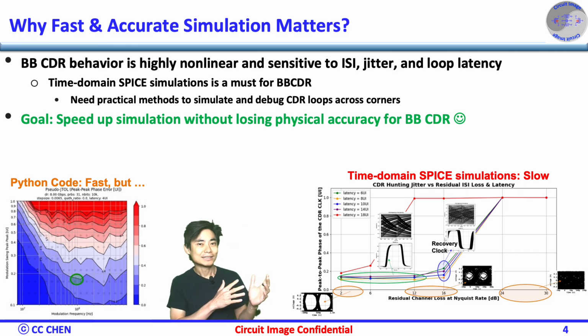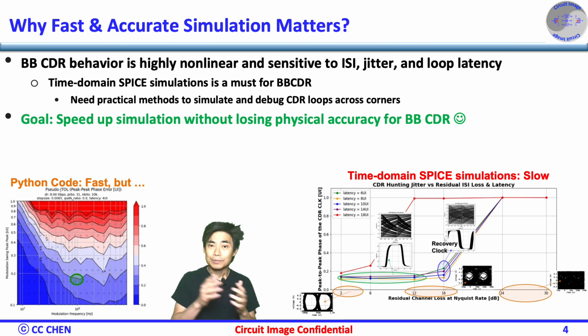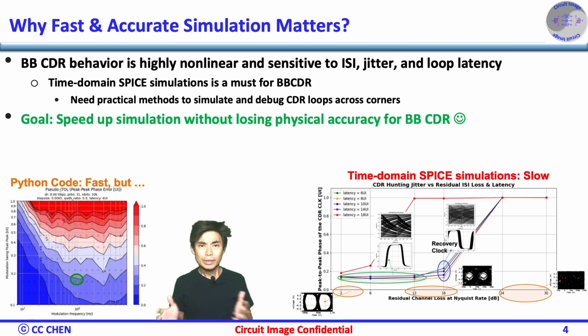Look at the SPICE plot on the right. Each latency setting causes different clock swings. You cannot get the accuracy from the behavioral tool alone. So again, we want smart methods that give us SPICE-level realism without the simulation time pain.